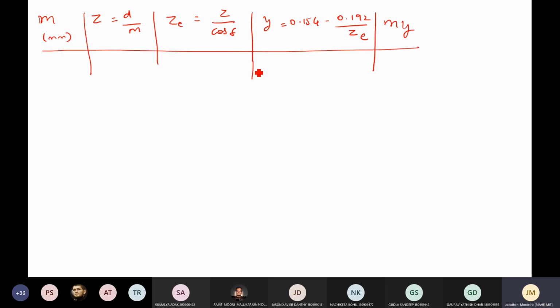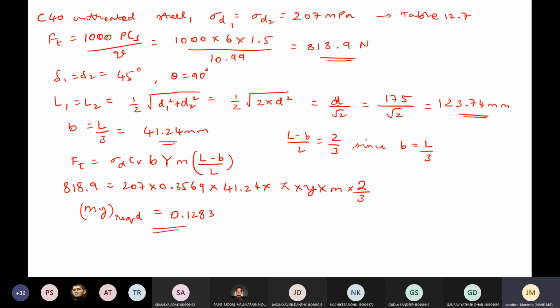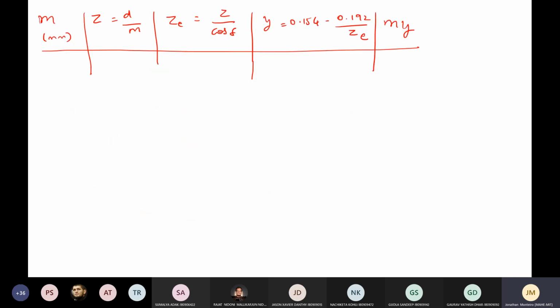If you look at the value 0.1283, it is much less. Last time, by taking module 2 itself we came to around 0.2. So let us start with a still lesser value. Let us say we give a value of 1.25.